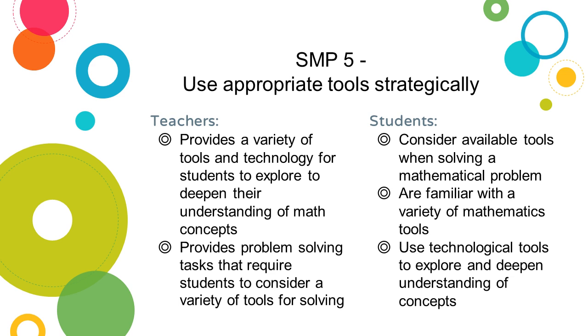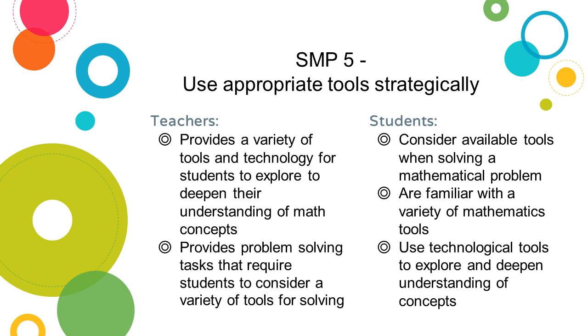Do they want paper and pencil, or a concrete model, or a ruler, or a protractor, a calculator, a spreadsheet, some computer algebra system, or dynamic geometry software? And for our students to meet practice number 5, use appropriate tools strategically, we want our students to consider available tools when solving a mathematical problem.